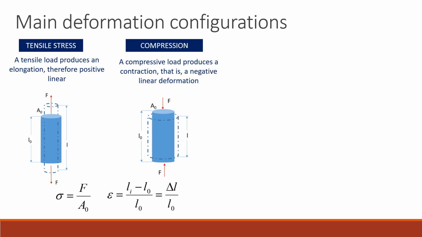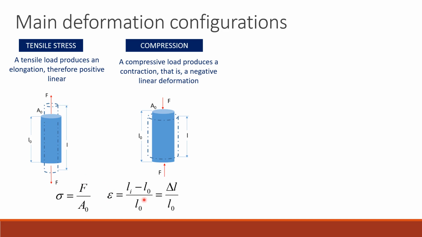Tensile stress is just when I have a material and I stretch it from both extremes, so I pull it out from here and from here. That means I'm going to produce an enlargement, an elongation of the material. This elongation would be delta L, and the stress is sigma, force divided by area, so force per unit area.